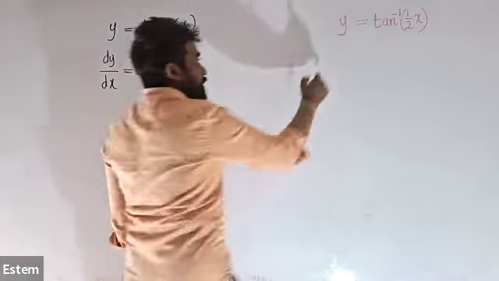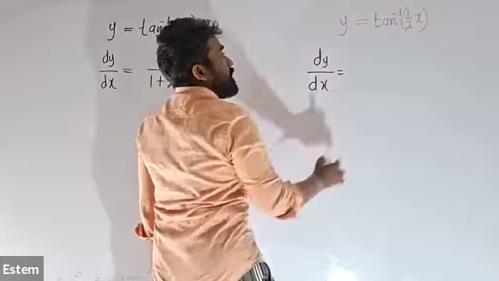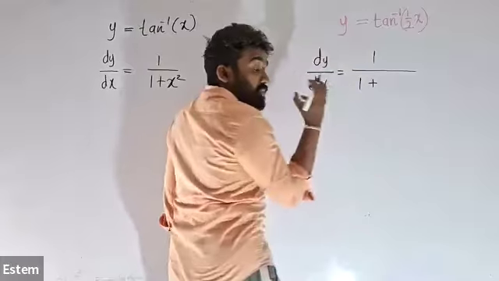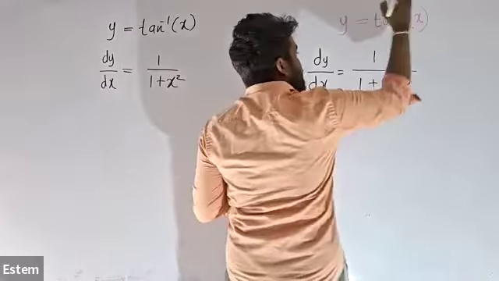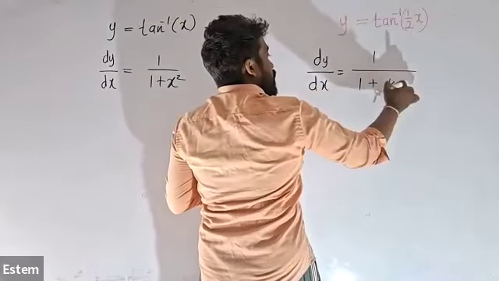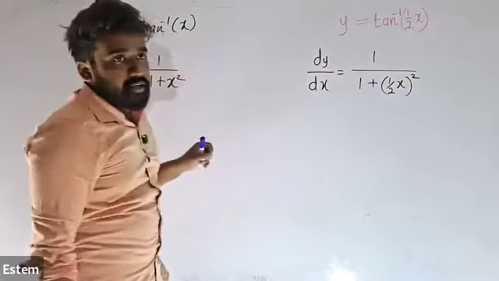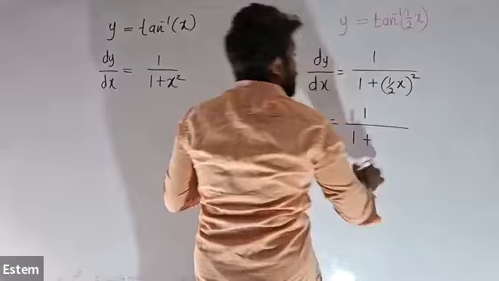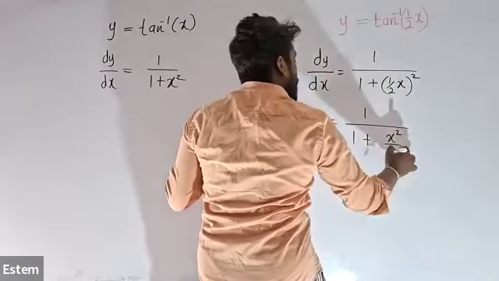So what happens here? When we get dy over dx here, 1 over 1 plus, we should square the entire thing in this tan inverse. So write the entire half x and make it squared. Now we can simplify. x is squared separately, 2 is squared separately.